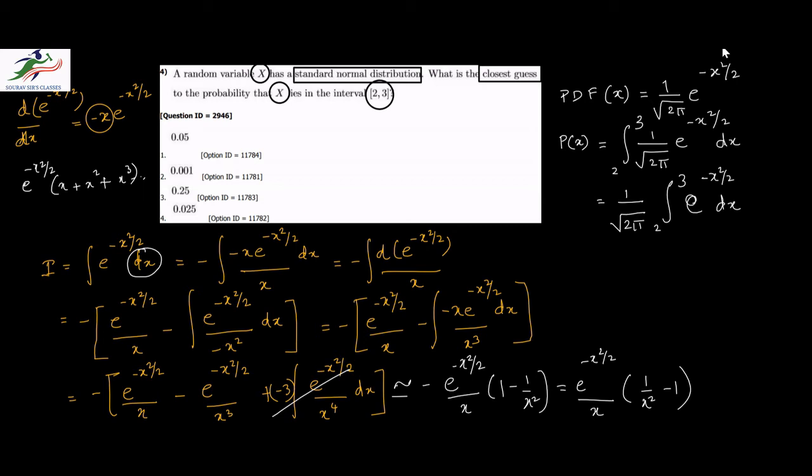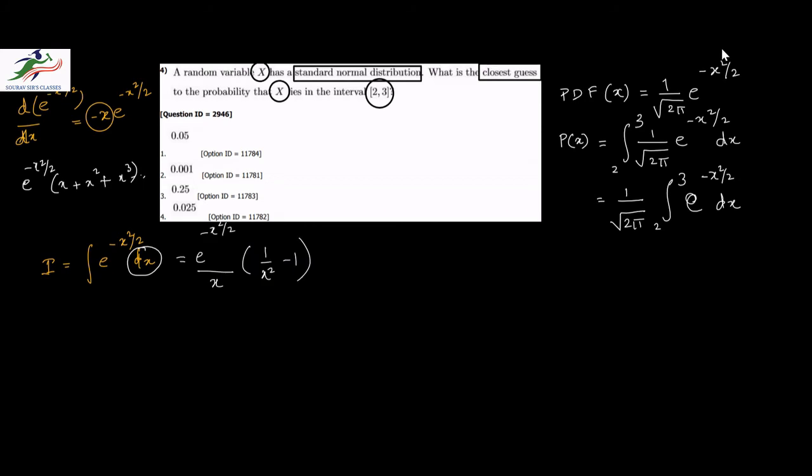Now we will put this integral back in the probability of x to find the value of it. So now the probability of x will be equal to 1 by root over 2 pi into I, which would be e to the power minus x square by 2 over x into 1 by x square minus 1, the entire thing lying between 2 and 3.